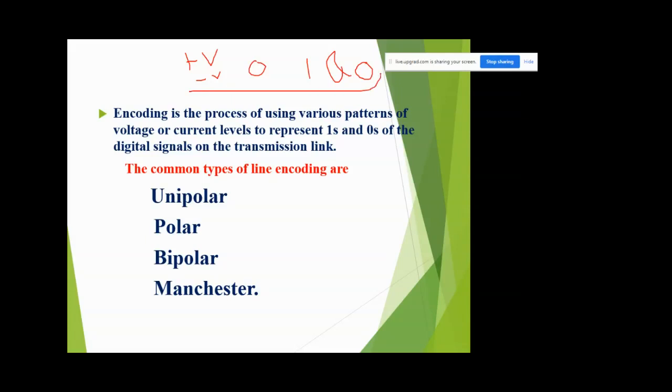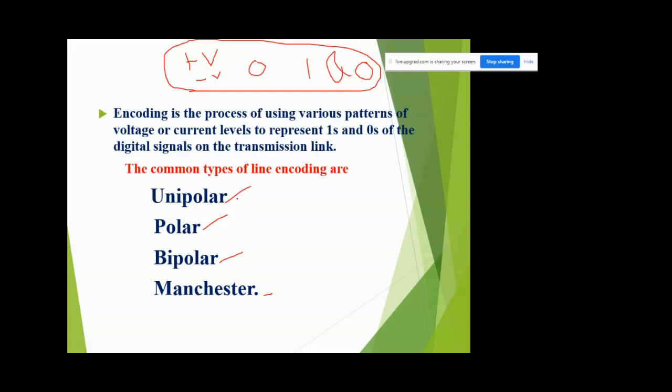The representation of some voltage level to bit 1 and bit 0 is data formatting or encoding. Basically there are these types: unipolar, polar, bipolar, and Manchester. One more type is split phase Manchester, which we will study later, and polar quaternary.